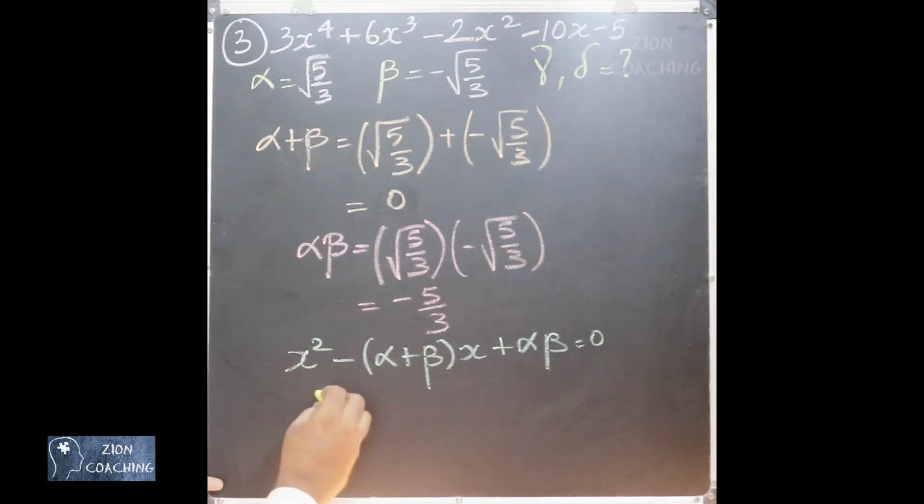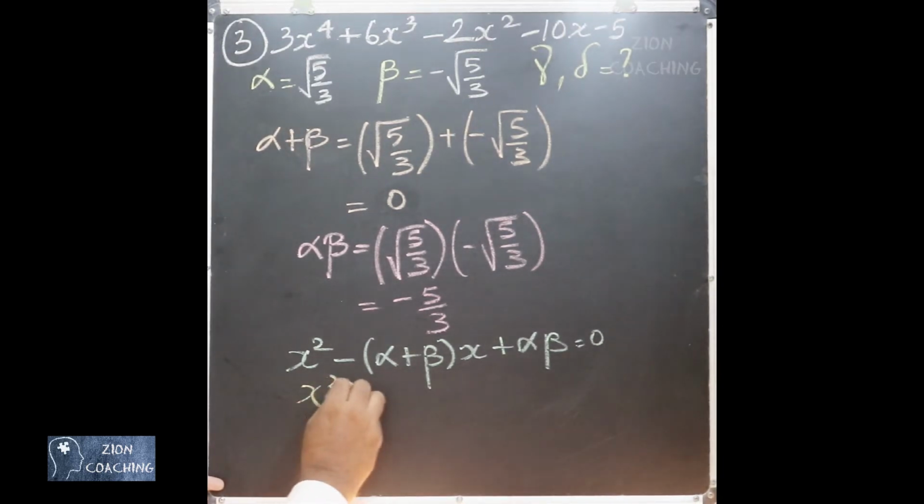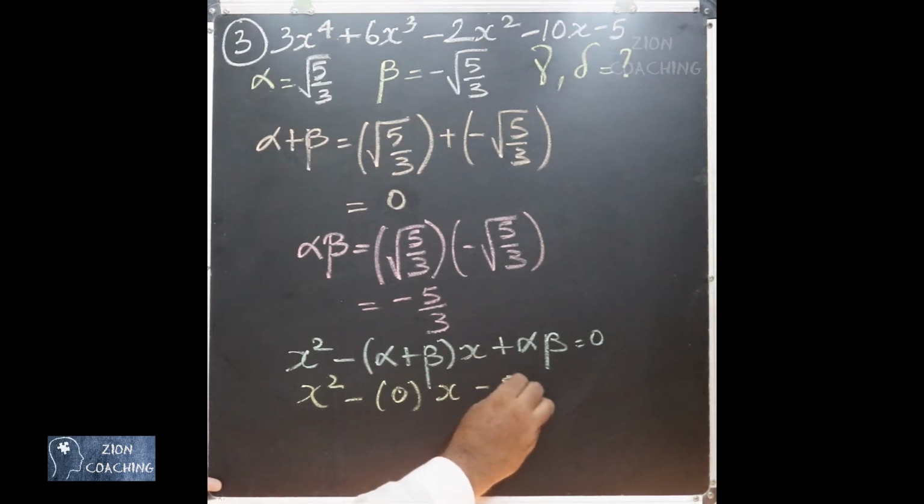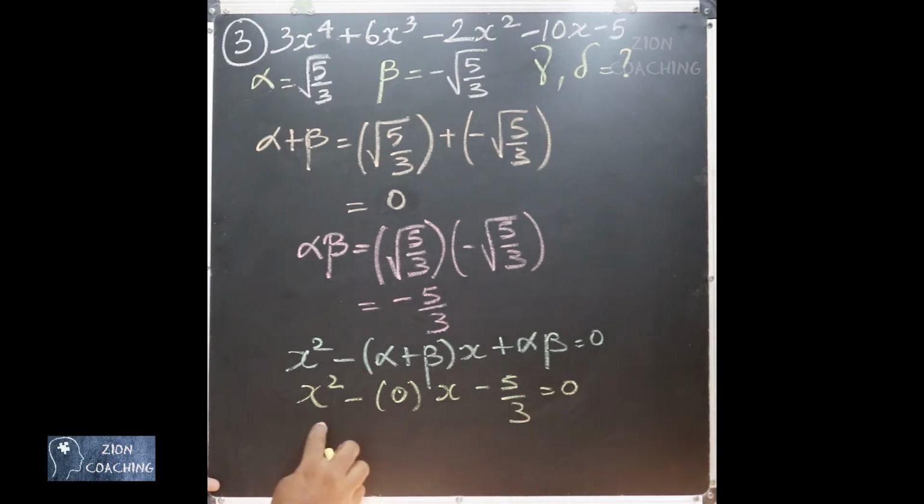So we are going to have x² − 0 into x, this is going to be −5/3 = 0. So when you take LCM, we are going to have (3x² − 5)/3 = 0.